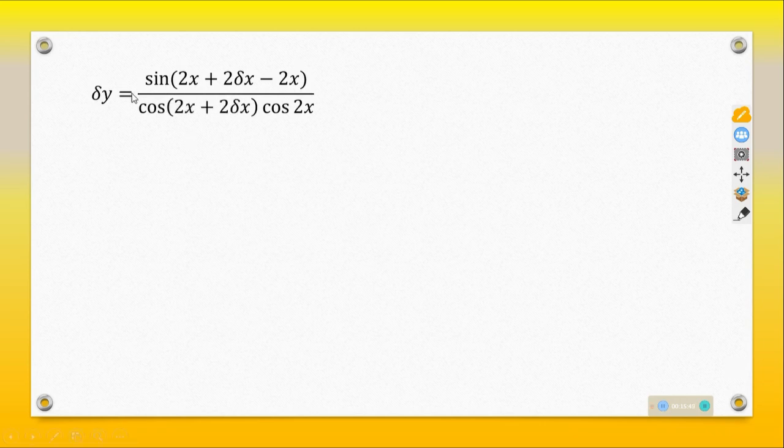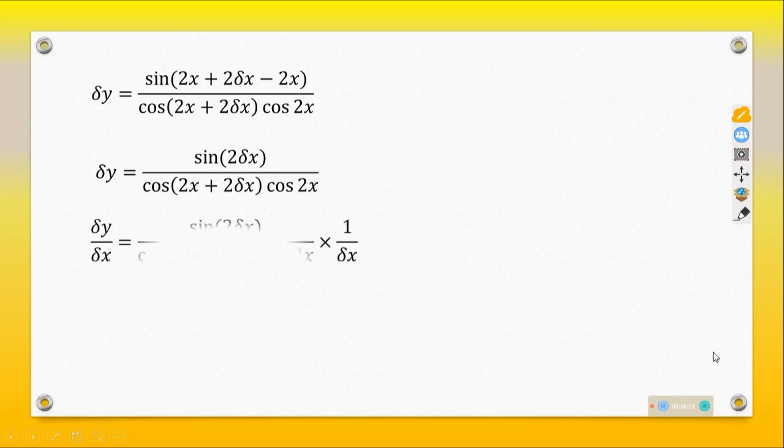So we shall have our delta y as sine of 2x plus 2 delta x minus 2x, then the denominator remains the same. On simplifying that further, 2x minus 2x gives us 0, so we remain with sine of 2 delta x. This is the expression we shall get on simplification.